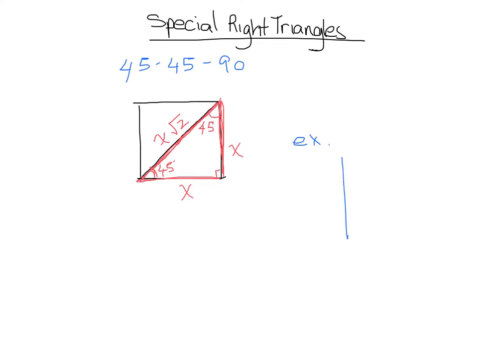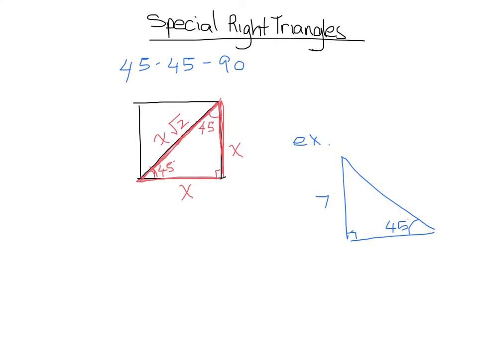All right, so let's say we have a triangle, and we know that this is 90 degrees, and we know that this is 45 degrees, and I tell you that this side is 7, and I ask you to find everything else. Well, let's start off with the missing angle. If this is 45 and this is 90, this has to complete our 180 degrees.